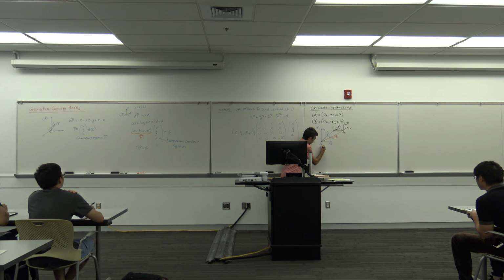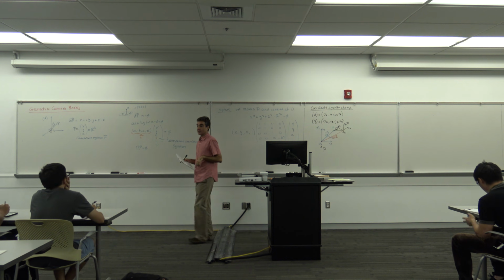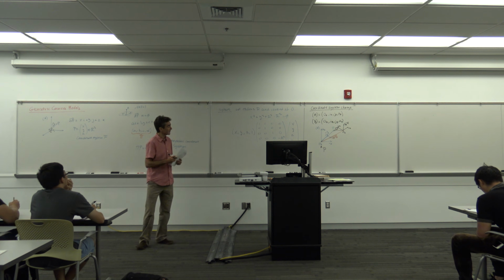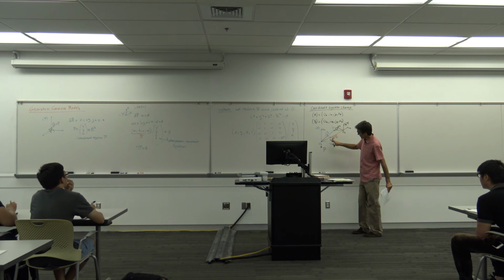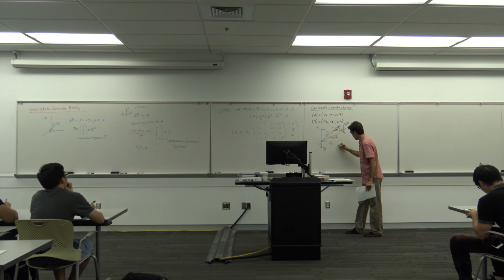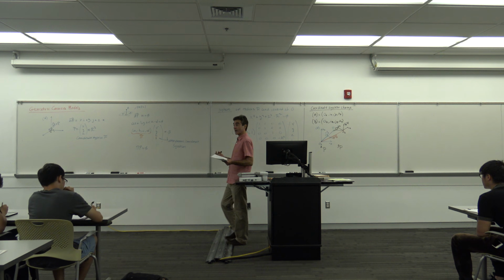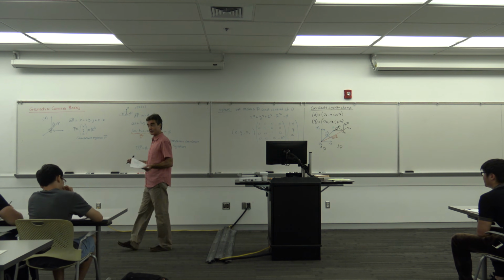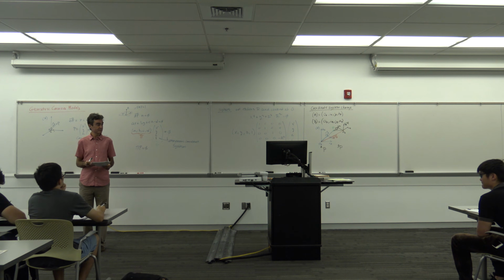Now I'm going to write the A on the top left corner of P to specify the frame of reference. So this is my point P as seen, or defined rather, by my coordinate system A. And I can also write P^B, which is my same point P defined by the coordinate system B. Okay?